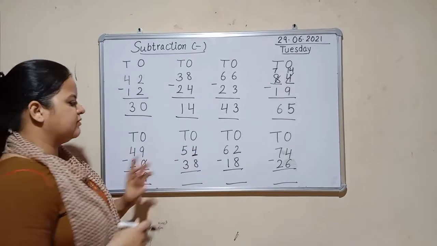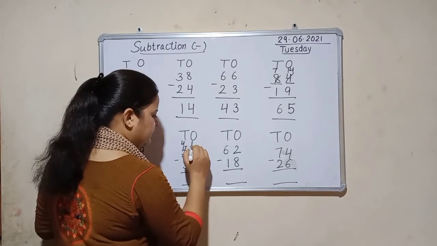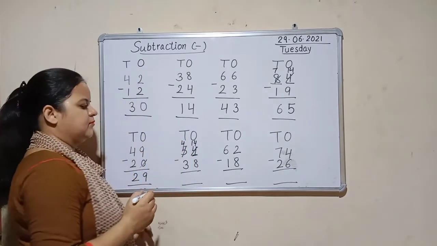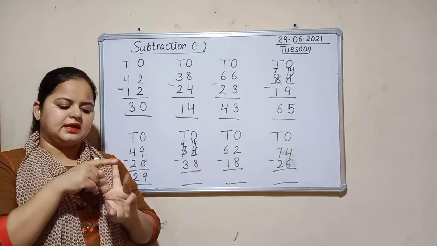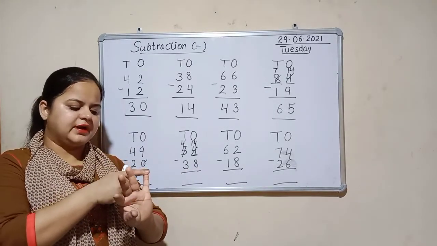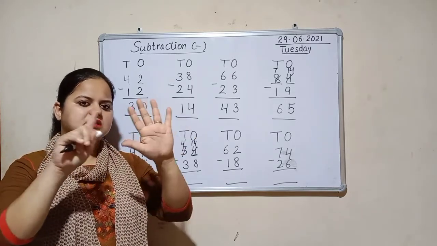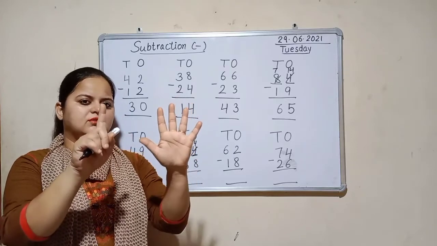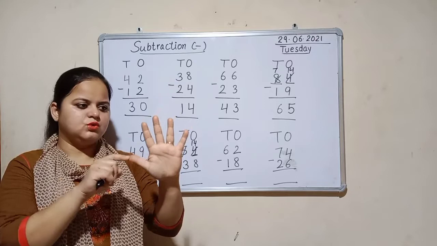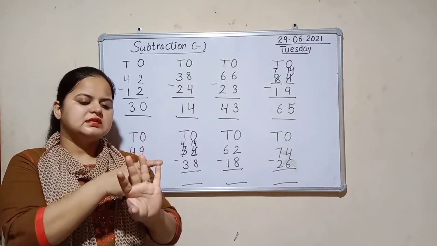54 minus 38. Again here we have smaller number on the top. So it will take one borrow from this side. Now it is 4 and 14. 8, 9, 10, 11, 12, 13, 14. How many fingers are open on my hands? See, count them. 1, 2, 3, 4, 5, 6.